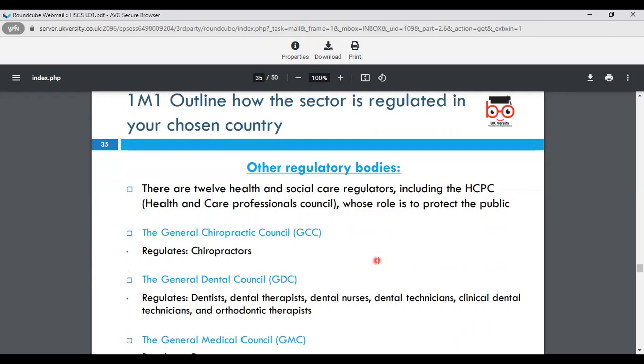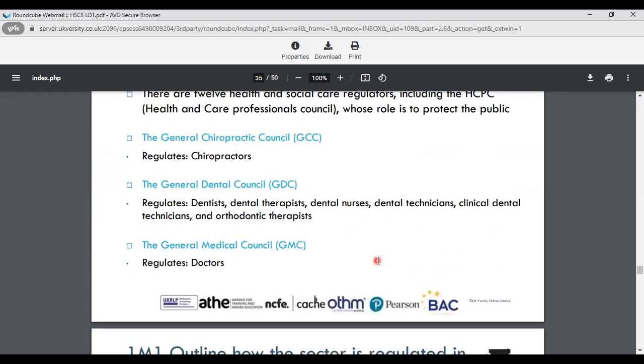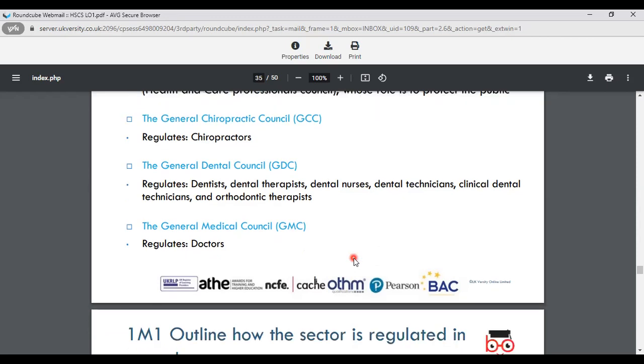And then you have the General Dental Council, GDC, which regulates dentists, dental therapists, dental technicians, dental nurses, clinical dental technicians, and orthodontic therapists. You have the GMC itself that regulates doctors. So all of these are responsible for regulation. They have their own ways of regulation. So they might not work like the CQC, but they work alongside.